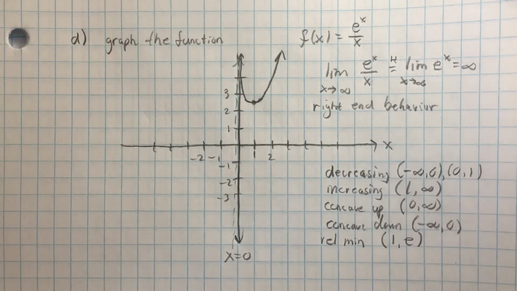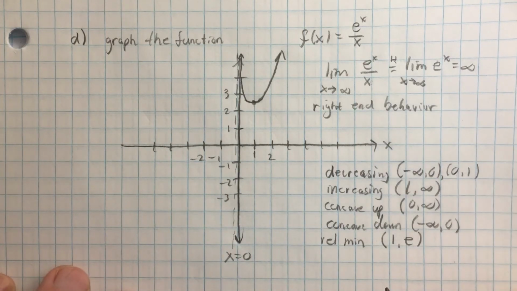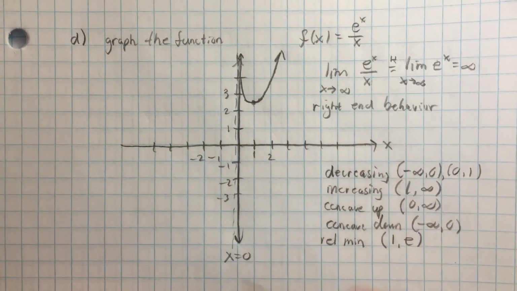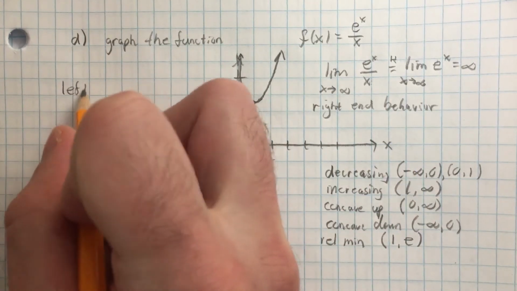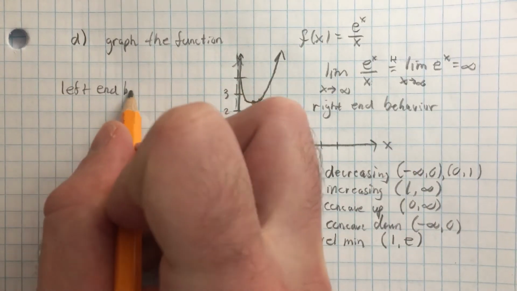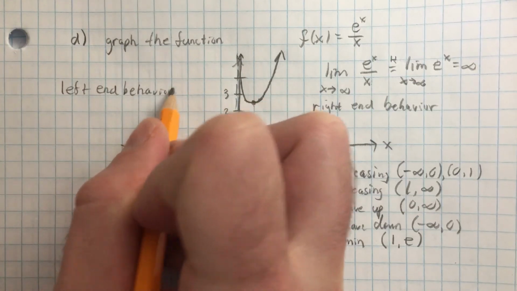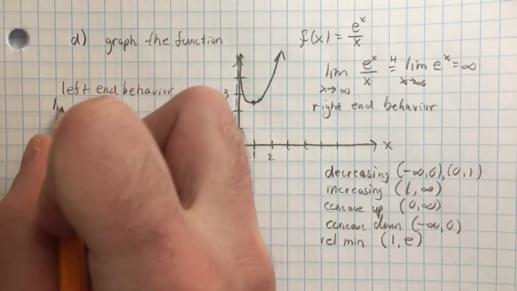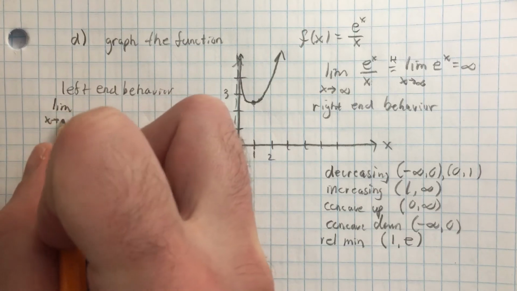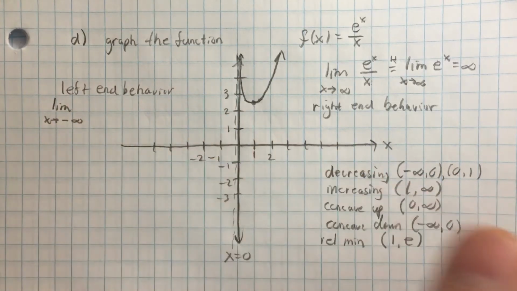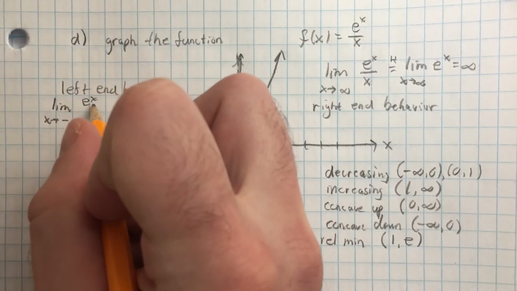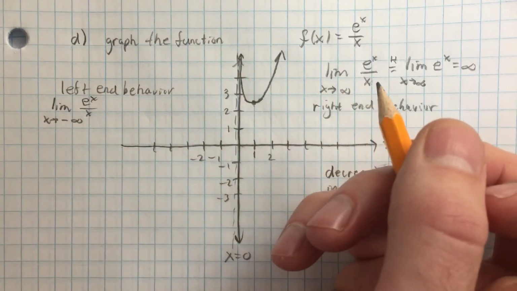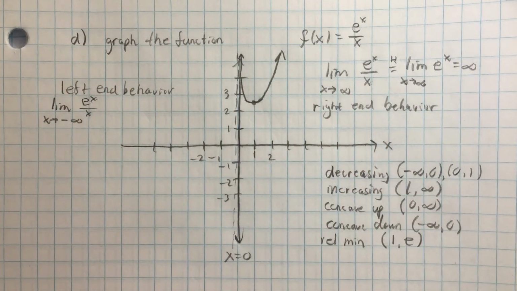What about the left-hand side? Let's also check on the left end behavior very quickly. Left end behavior would be the limit as x approaches negative infinity of the same function, e to the x over x. Okay, what happens as you go towards negative infinity?